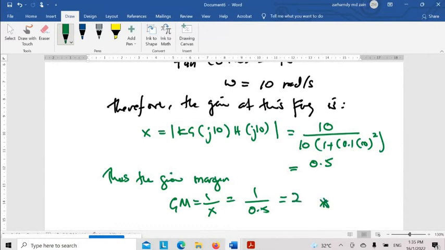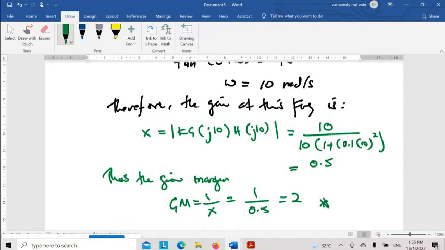Same with what we did in the graph, the same. So 2 based on the calculation, and the gain margin referring to the polar graph is also 2.